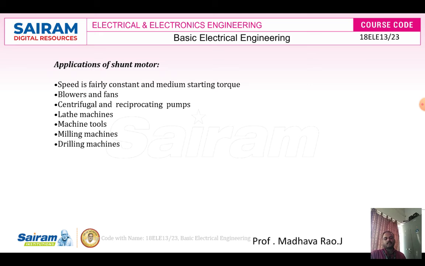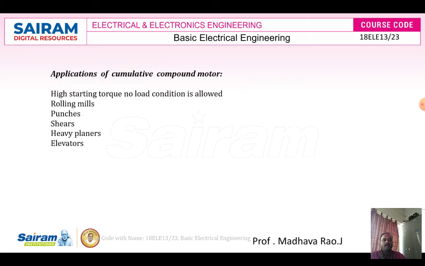These are used in blowers, fans, centrifugal and reciprocating pumps, where we are pumping water or carrying goods. Also lathe machines, machine tools, milling machines, and drilling machines. So in drilling machines also we use this type of shunt motor.